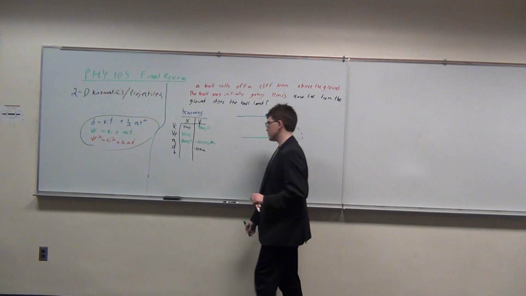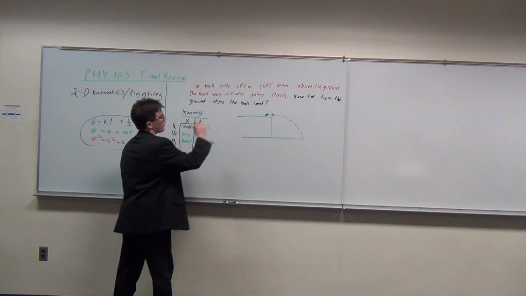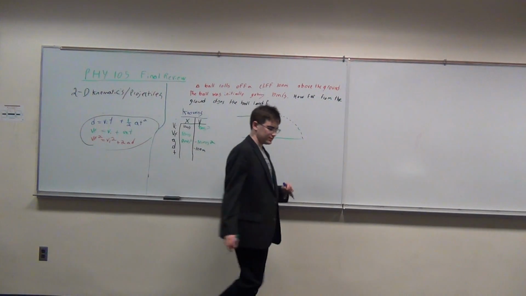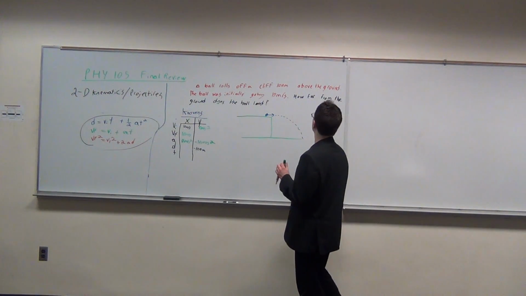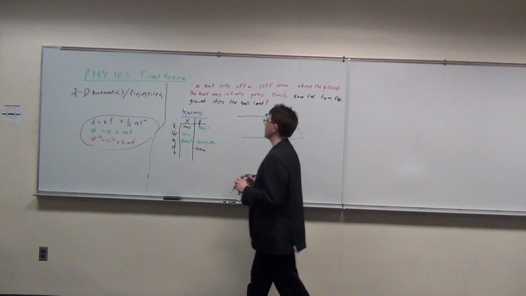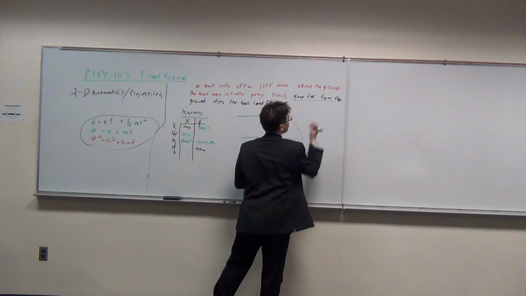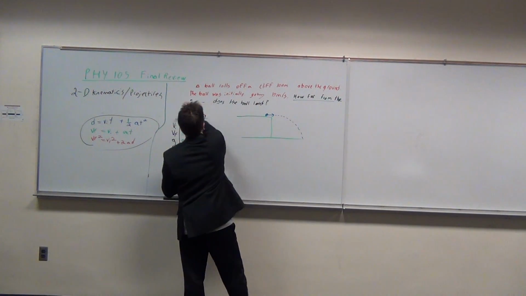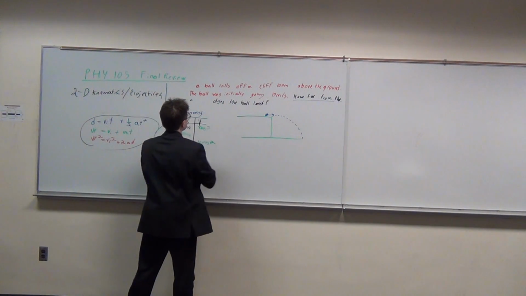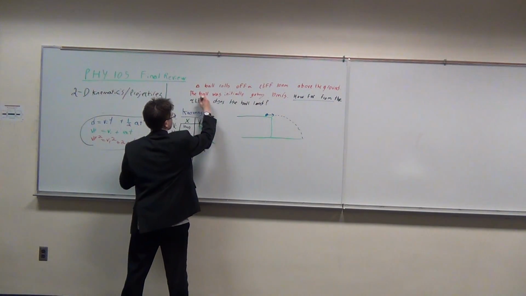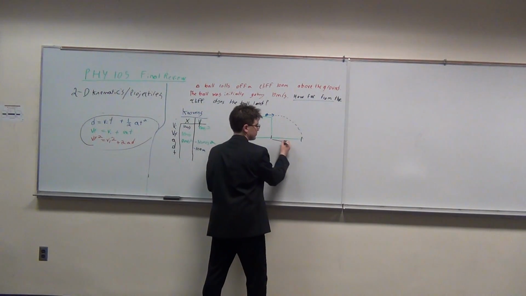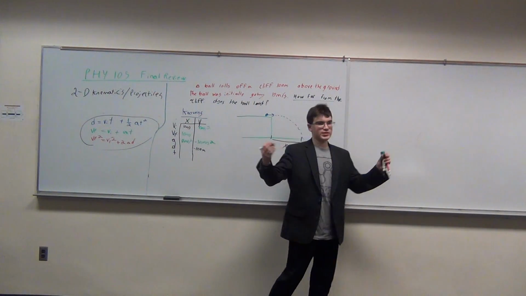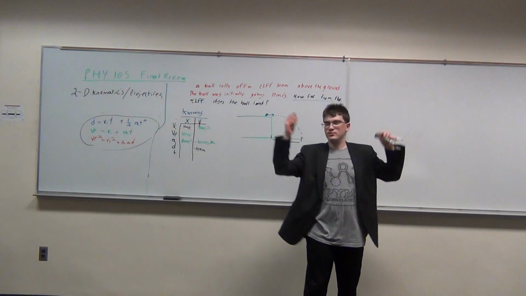Okay. So now, what are we trying to find? Time. We're looking for how far from the cliff. We're looking for how far this guy goes. X, I heard someone say dx.